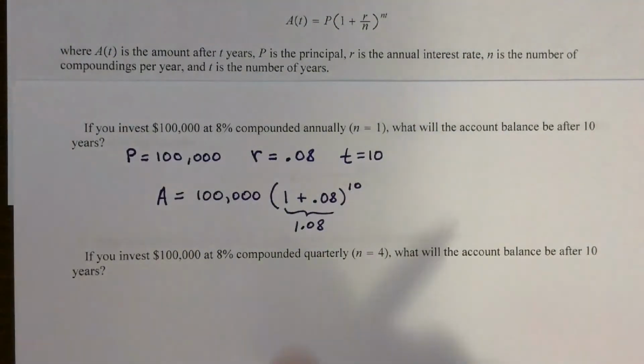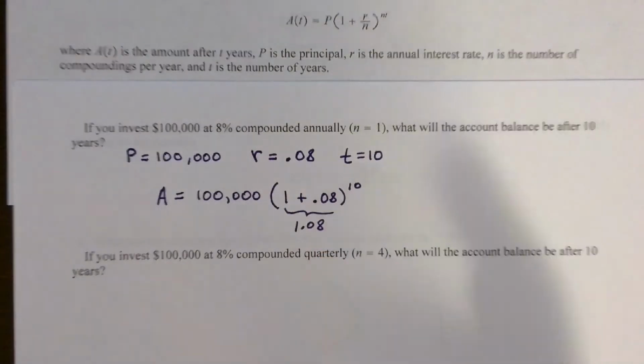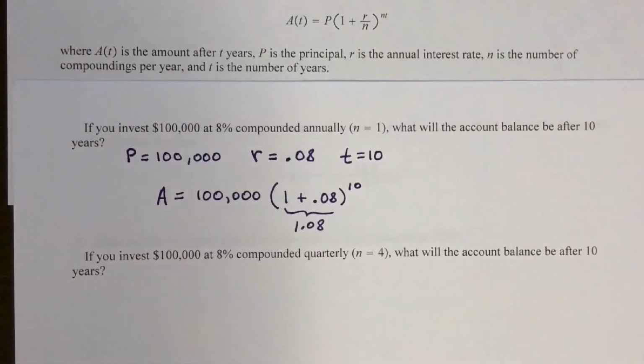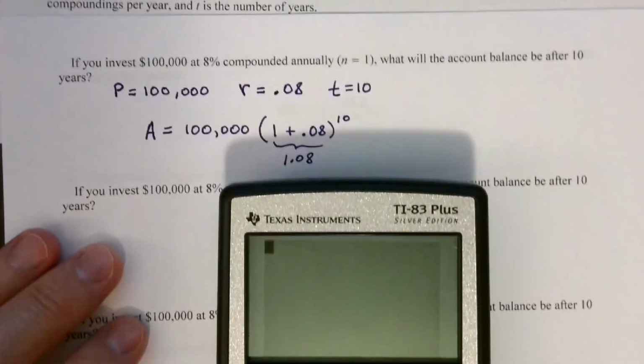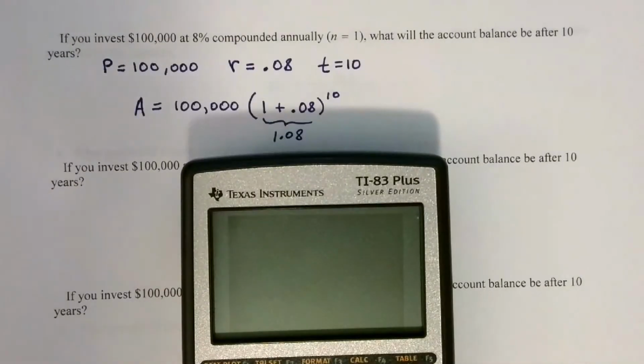Now 1.08 to the 10th power, we're going to need some technology to help us with that, right? So let's see what we get. Let's just do the whole expression: 100,000 times 1.08 raised to the 10th power.